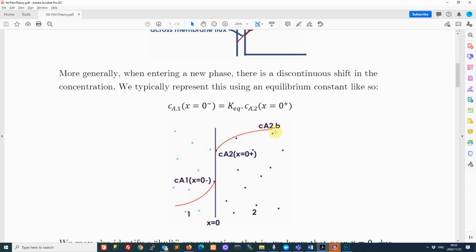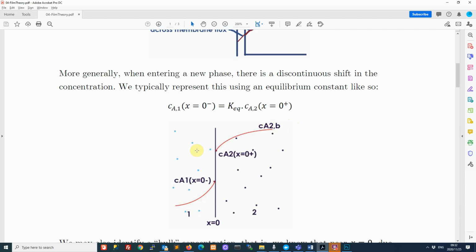So we can simply specify a cutoff value. We can specify that the thickness of the film is defined to be where the concentration reaches a value which is 99% of the bulk value. So we can define the bulk value. We know that we fed the reactor with a certain number of moles and there's a certain volume, so there does exist some average value.